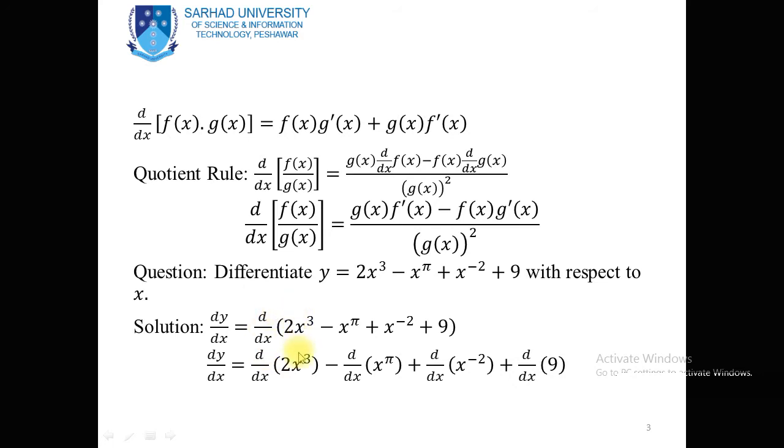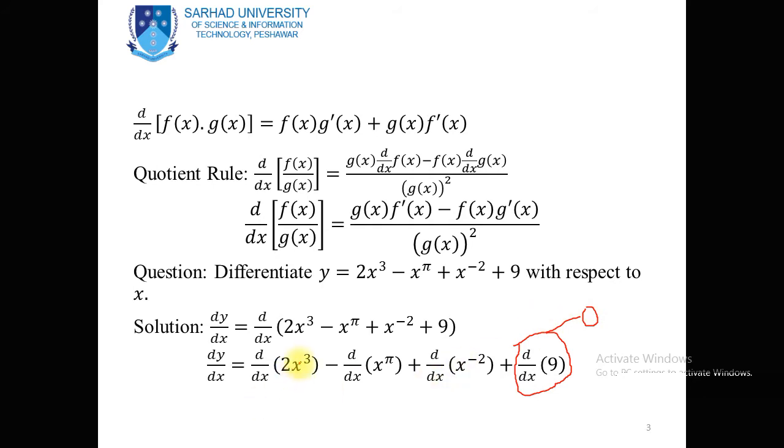So derivative of 2x cube, minus derivative of x power pi with respect to x, plus derivative of x power minus 2 with respect to x, and derivative of 9 with respect to x. So dear students, note that we want to calculate the derivative with respect to the independent variable, and 9 is a constant term, so the derivative of this term will be equal to 0.